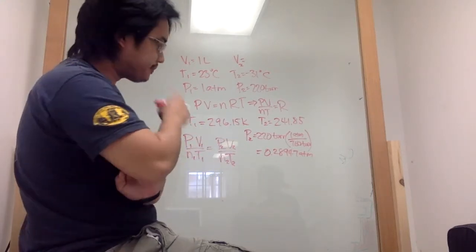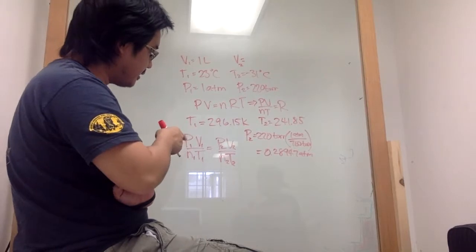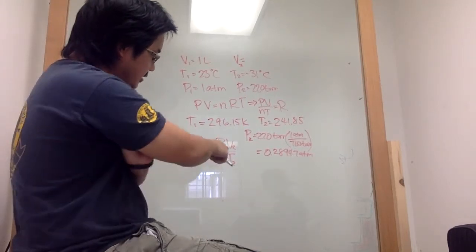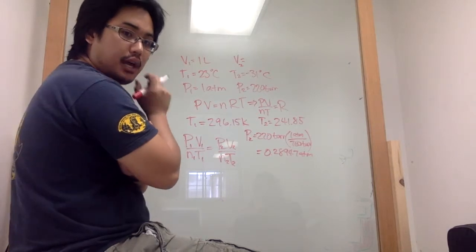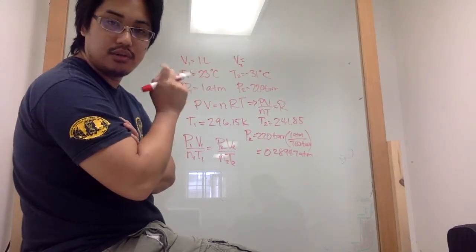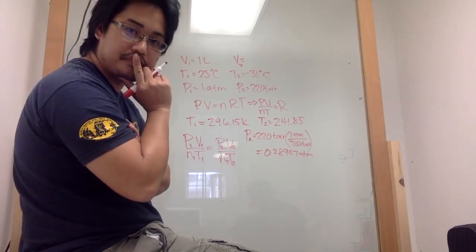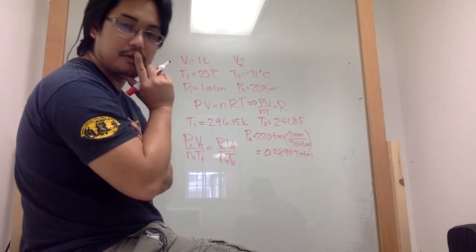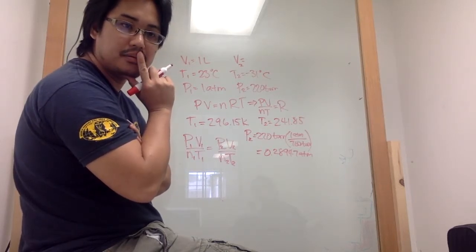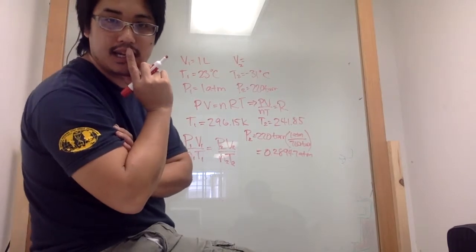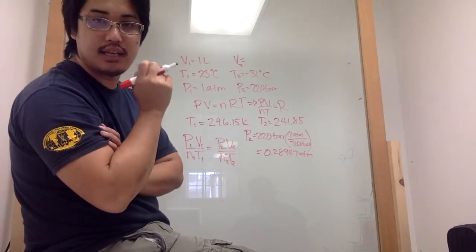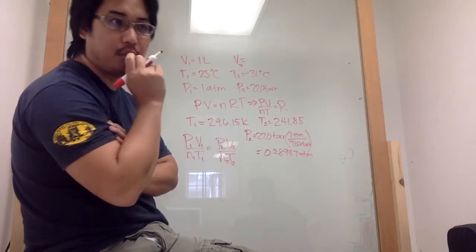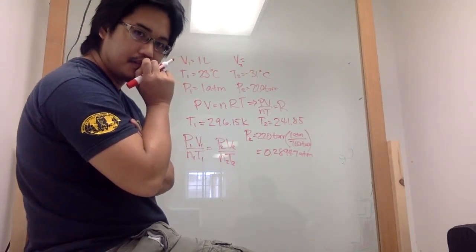Okay. Now we have to really think about it. We're asked to solve for V2. We're good there, right? The N1 and N2, are those different numbers? No, they're both 1. No, they're not both 1. Wait, what did you say? The N1 and N2. N1, N as in Nancy, or N as in number of moles. Are they both 1?